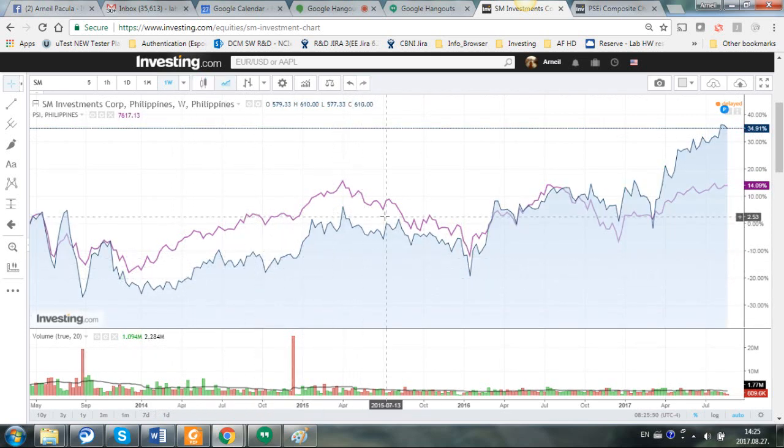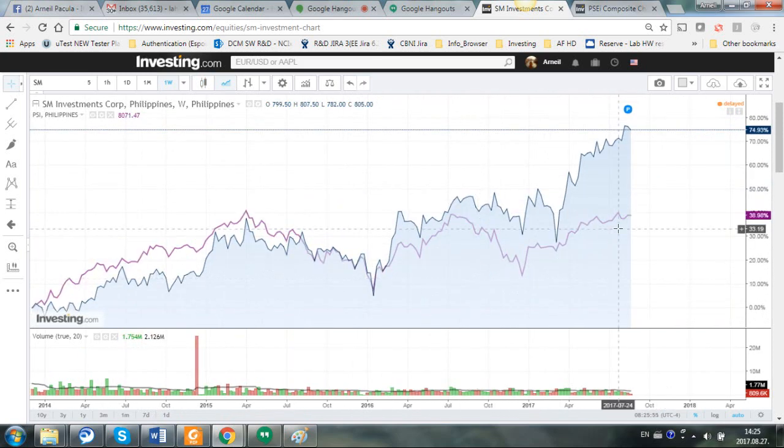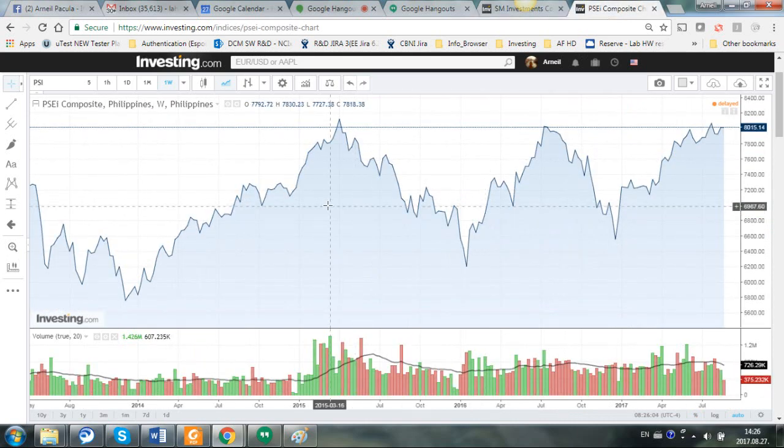Tumataas, bumababa, tumataas, bumababa, at tumataas. Although SM is much better here than the PSEI. So, it's also an option for you. Without even choosing any company, just invest in PSEI. You can also gain profit from stock market.